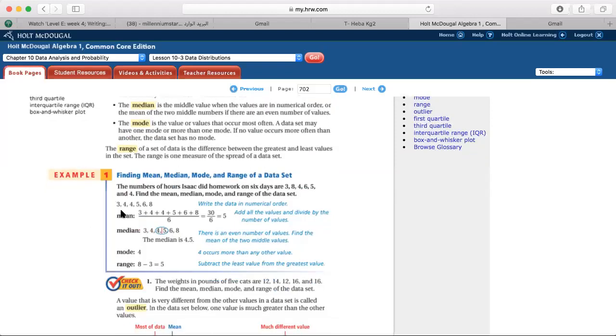So I'm going to add all the numbers, 3 plus 4 plus 4 plus 5 plus 6 plus 8, and divide by how many numbers I have: 1, 2, 3, 4, 5, 6.